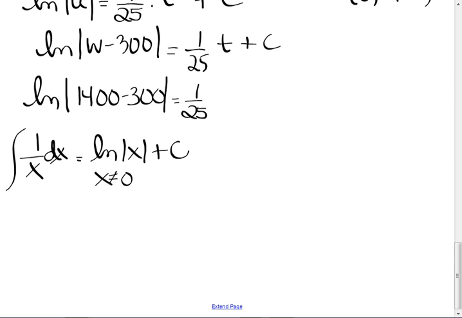I haven't finished it. Because t is 0 plus c, because I answered a question out of turn. Okay, so you have to know that 1 over x is the log of the absolute value. Sometimes it doesn't make a difference, but when it does, it's going to mess you up.